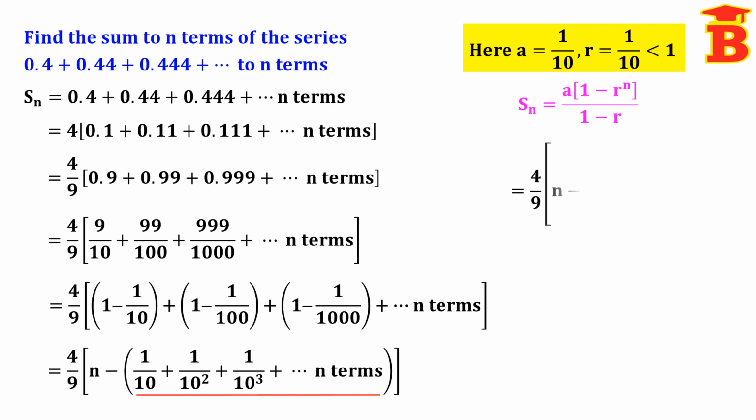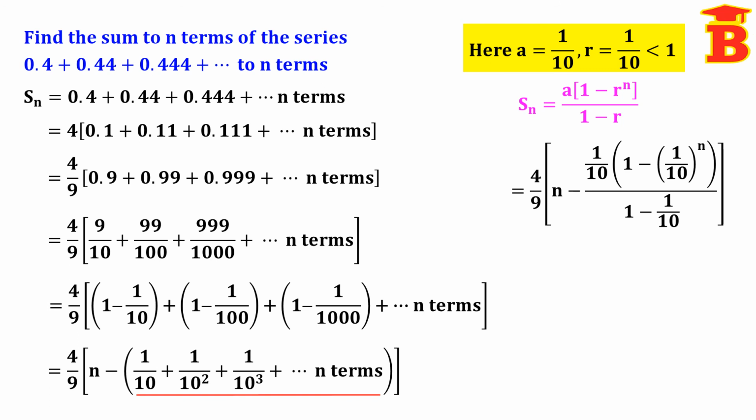So see the next step, that is equal to outside number 4 by 9 into n minus, for this bracket only we use the formula A into 1 minus R power n divided by 1 minus R. A value 1 by 10 into 1 minus R value 1 by 10 whole power n divided by 1 minus 1 by 10.